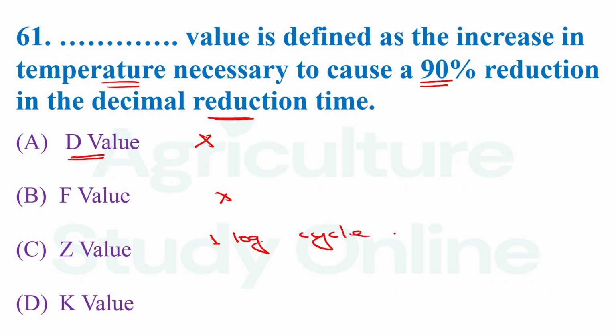So it shows the temperature sensitivity of the microorganisms. So this is our correct option. And K value, it is about the reaction rate constant. So it's about the kinetics. So this is also incorrect. Our correct option will be option number C, that is Z value.